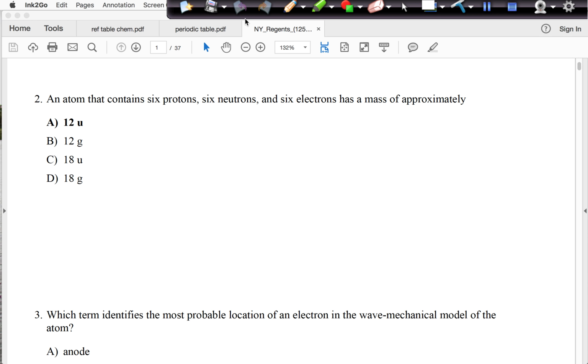For question number 2, an atom contains 6 protons, 6 neutrons, and 6 electrons, has a mass of approximately what? So if we want to get our mass number, it is equal to the number of protons plus the number of neutrons.